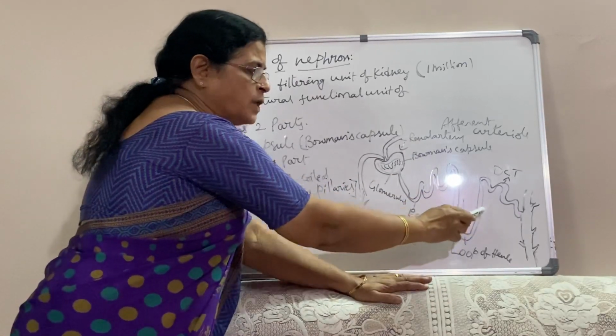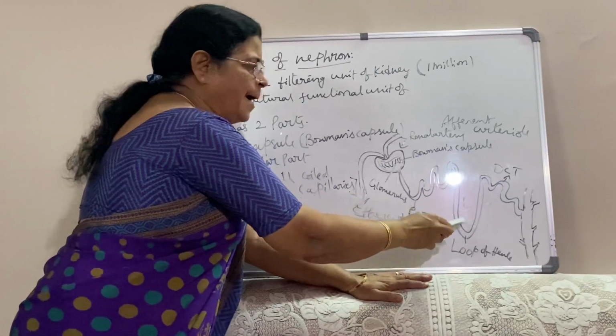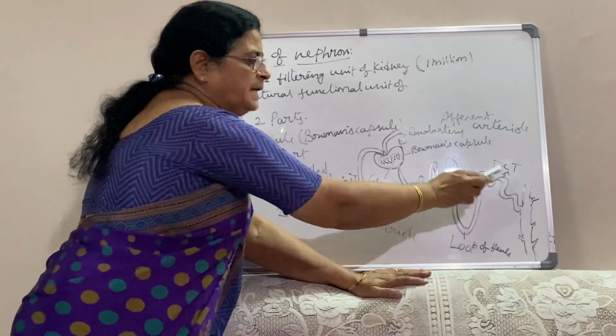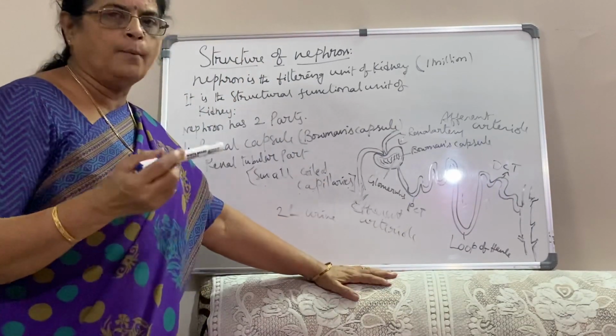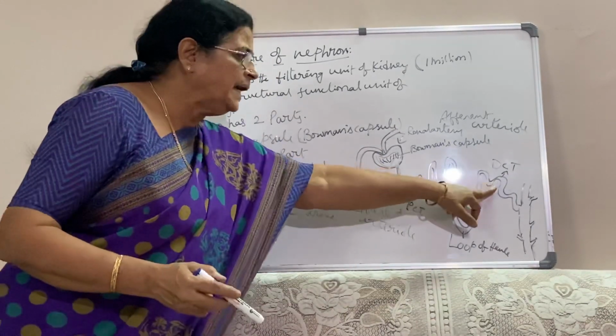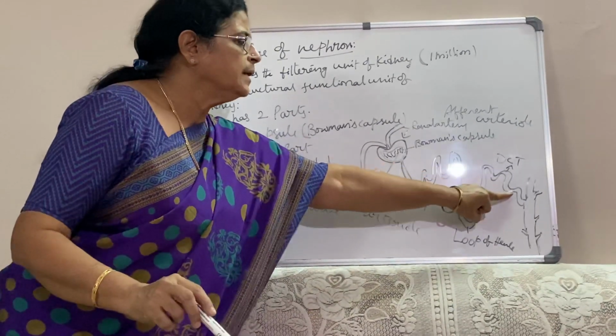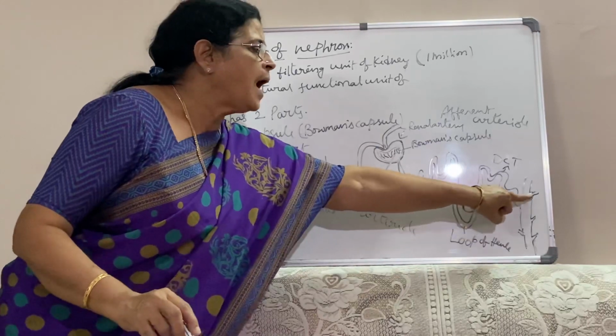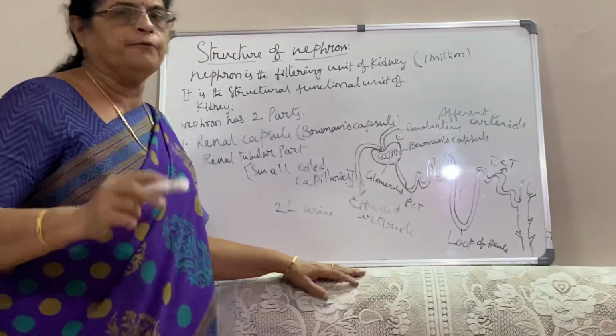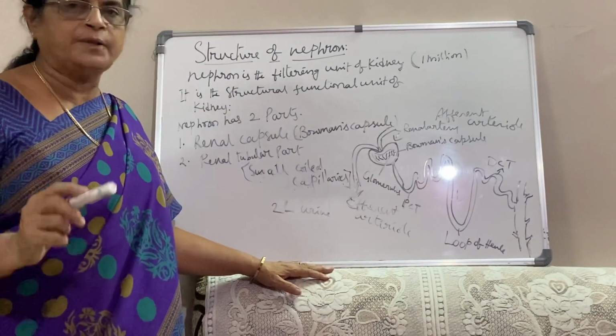Like that, some of the ions are again reabsorbed. Then in the DCT, some ions like ammonia, etc. are secreted to control the pH of the urine. Finally, that filtrate forms the urine and goes into the collecting duct, from there to the ureter of the kidney.